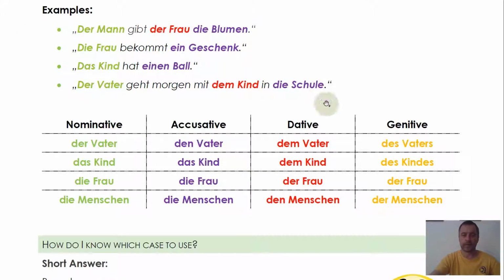This system of cases looks very confusing and probably also unnecessary at first look if you can do the same thing with prepositions like in English, right? But it actually gives the language a lot of flexibility in how to say things, and it eliminates a lot of misunderstandings.